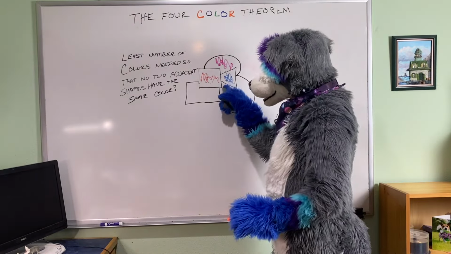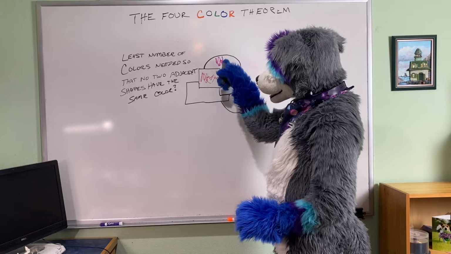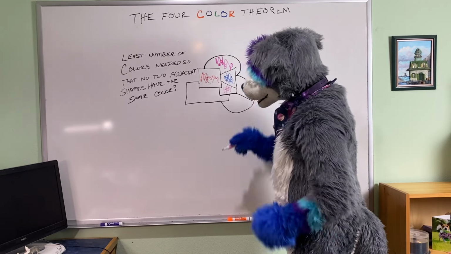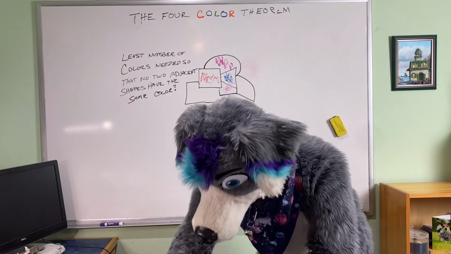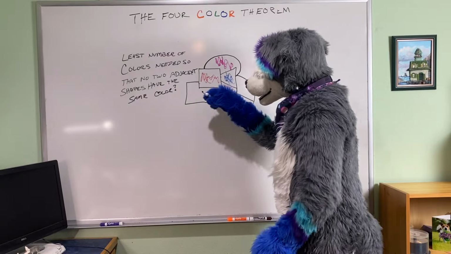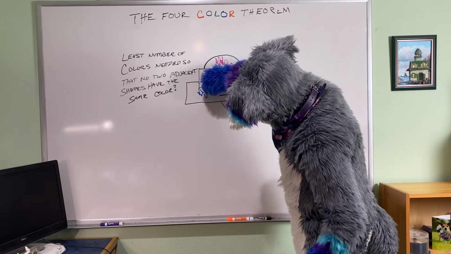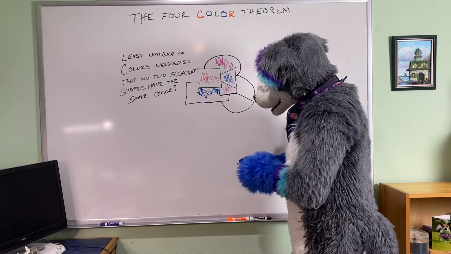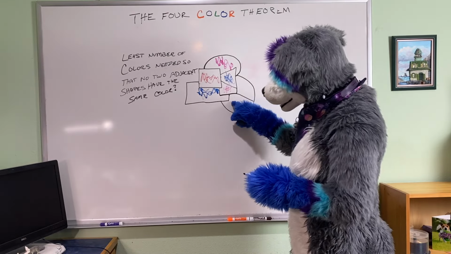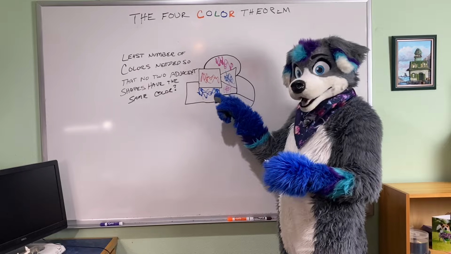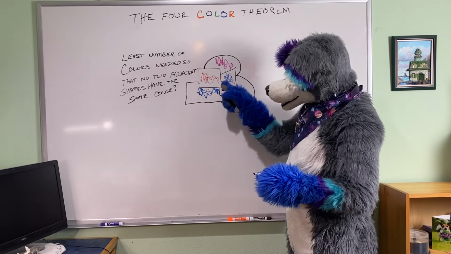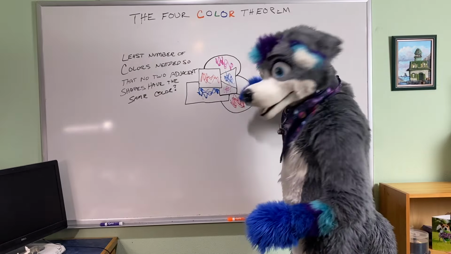Then I could color maybe this one, I could color this pink again. And then this one would have to be blue. So I can do this with 3 colors so far, so that's great. I'm not quite done though. Now this one cannot be blue or pink, so let's choose red.